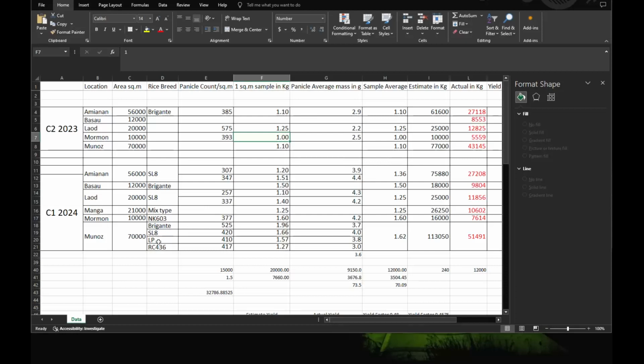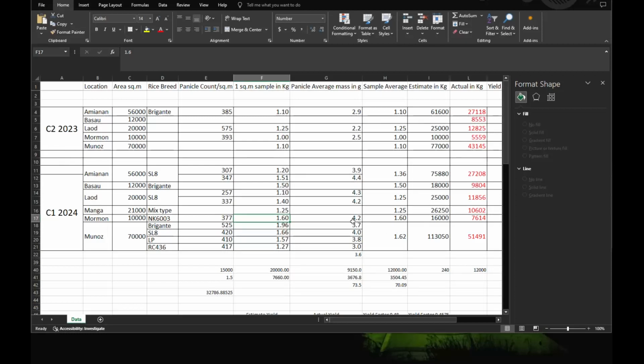Now, there's something that I'd like to communicate. So, Mormon, 10,000 square meter, actually this is NK 6003 breed type. Okay. The sample is 377 panicles of color, and the mass is 1 square meter. It's 1.6. I mean, it's higher than 1.5, obviously.